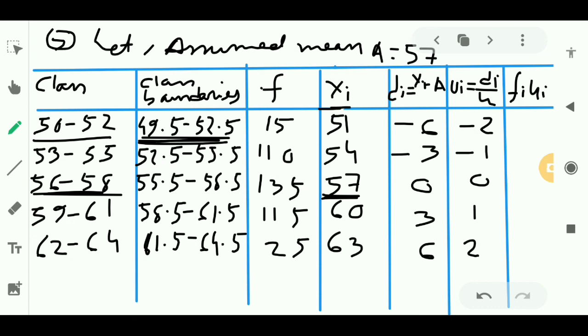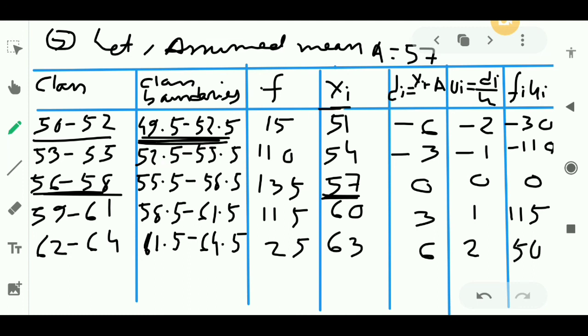Now multiply with the frequency. Frequency is given as 15. 15 into minus 2 means minus 30. 110 into minus 1 means minus 110. 135 into 0 is 0. 115 into 1 means 115. And 25 into 2 means 50.